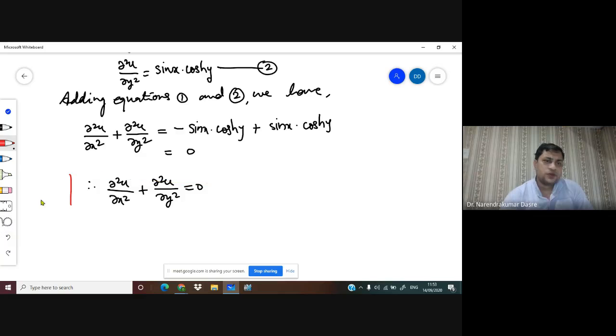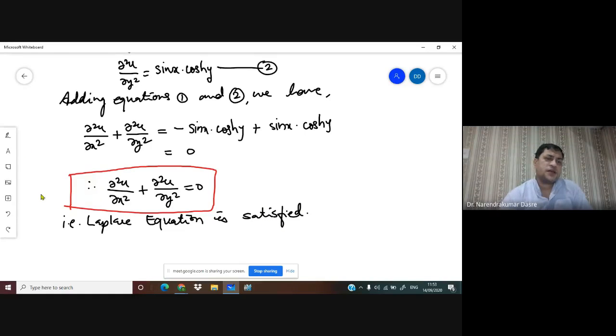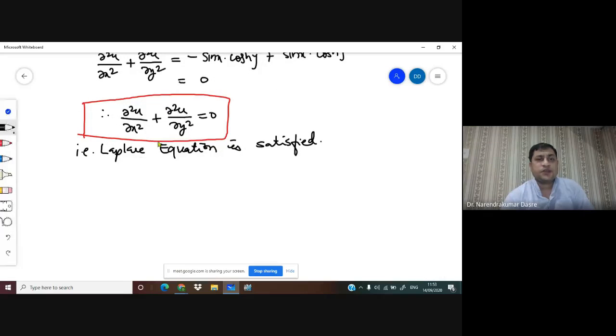So we got this. What is this exactly? This is the Laplace equation, so we can say the Laplace equation is satisfied. Once the Laplace equation is satisfied, we can say the function u is harmonic.